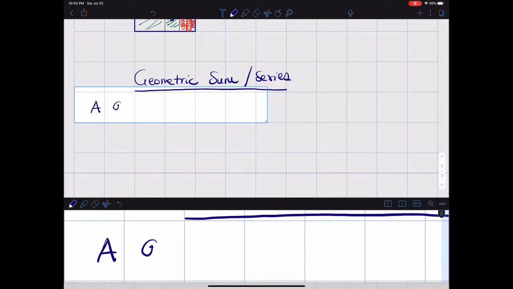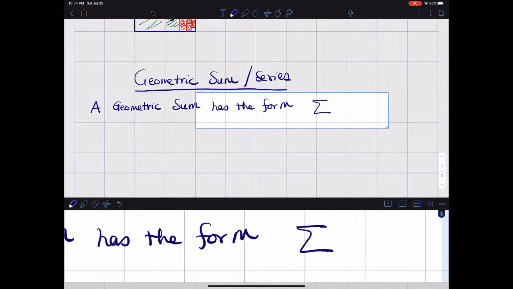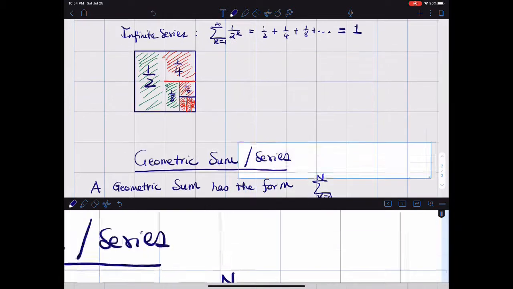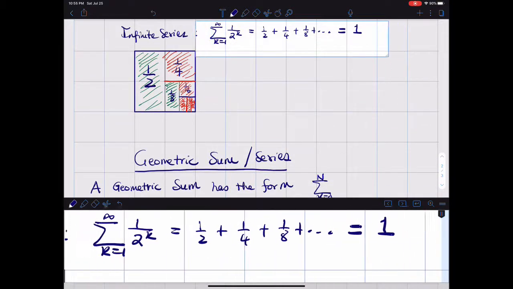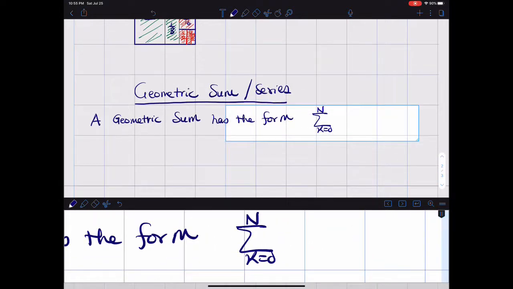So a geometric sum has the form summation k from 0 to n. Mind you, we went from 1 to infinity, but here the way we're defining it, we're going from 0.